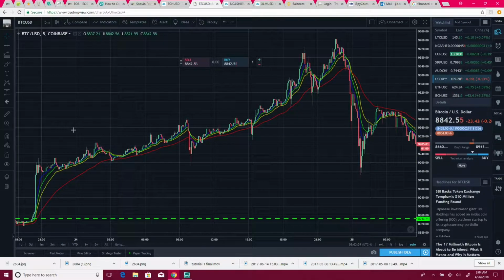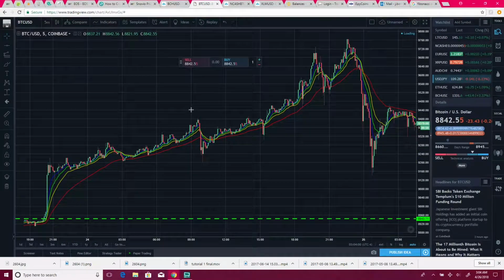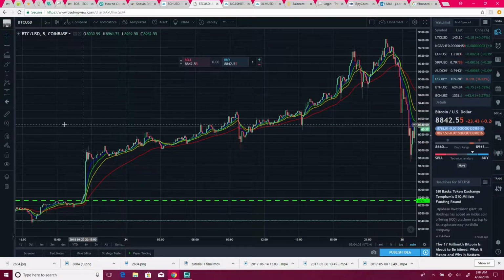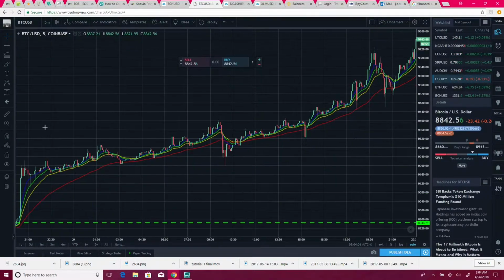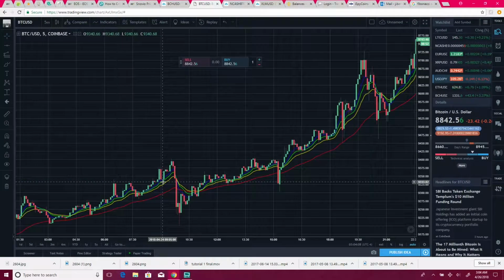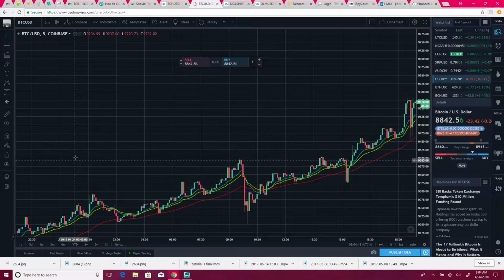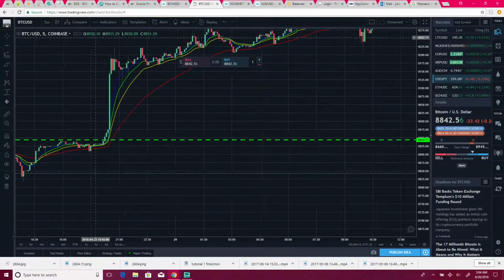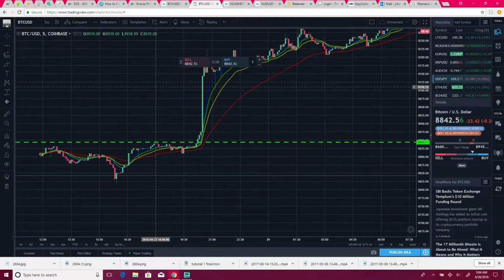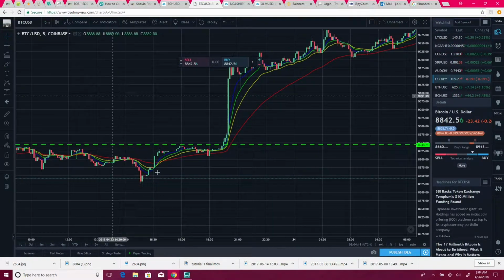So with this swing trading strategy, and again on TradingView, let's zoom in. On TradingView, they will have these arrows that come in when you add a strategy.